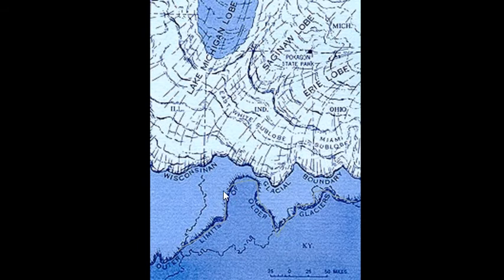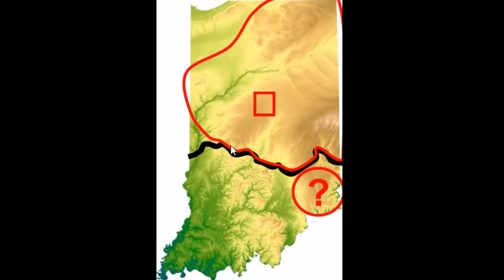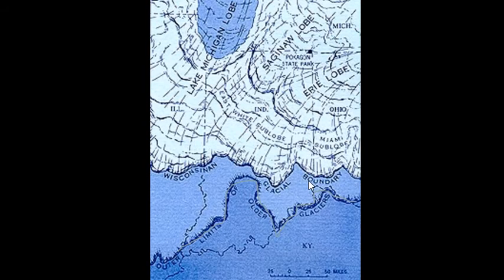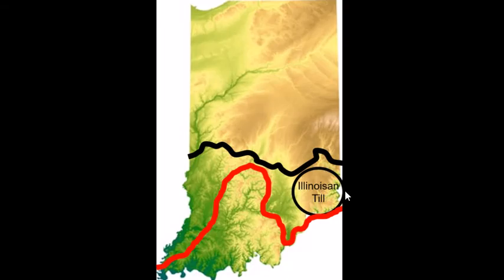The outer limits of older glaciers made it this far, whereas the most recent Wisconsin glacial boundary, which I showed with that black line here, is the other one. These older ones helped to flatten this particular area out. And this is just another area that's from the Illinoisan glacier, the Illinoisan till, from the previous glacier, of which I've shown the boundaries here. But like I said, the most recent one would be the black line, the end moraine.